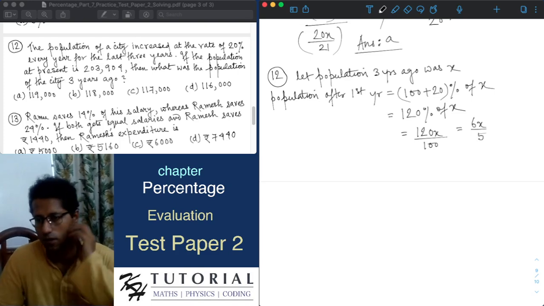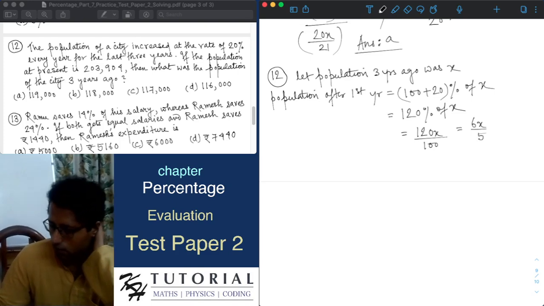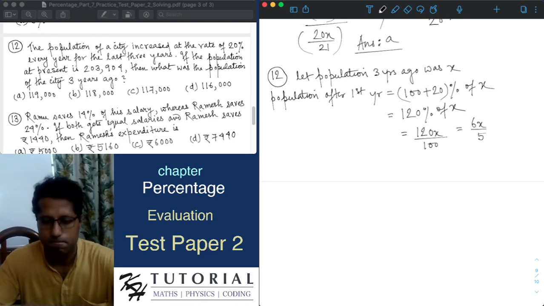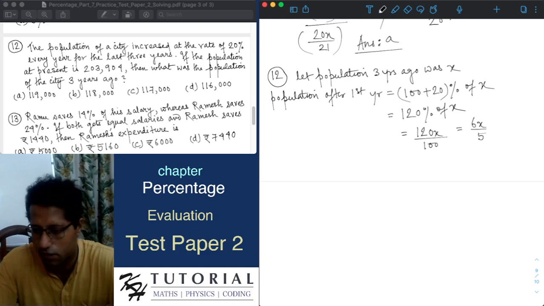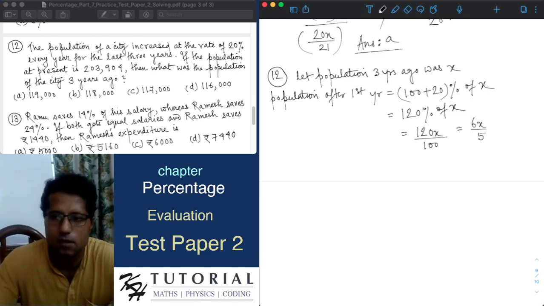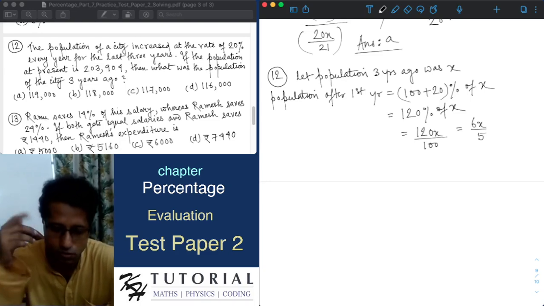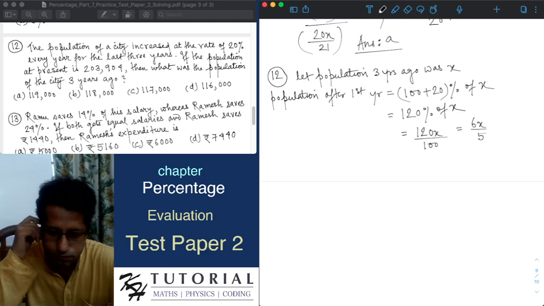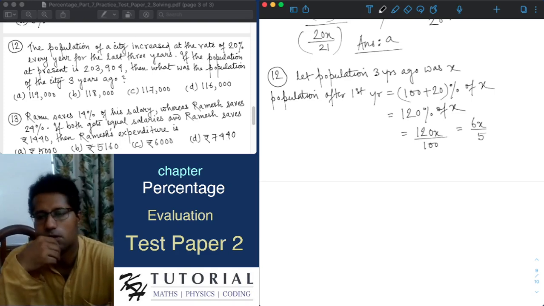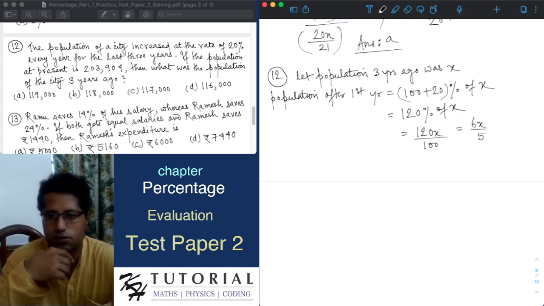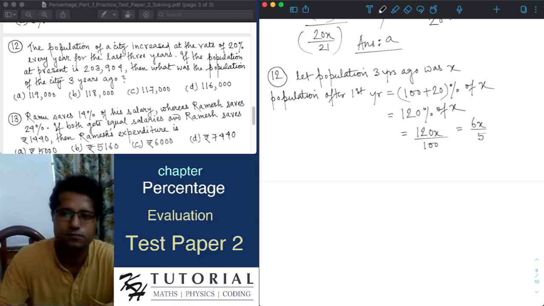This is the population. We have assumed that at the beginning, 3 years ago, the population was X. After the end of the first year, the population became 6x by 5.